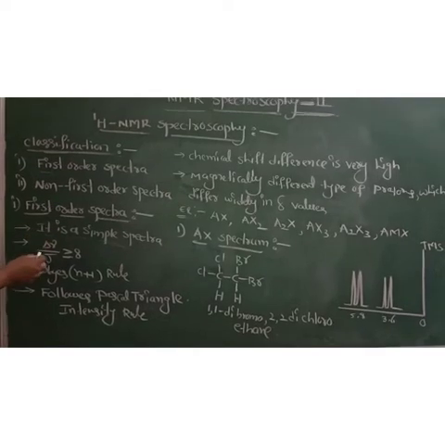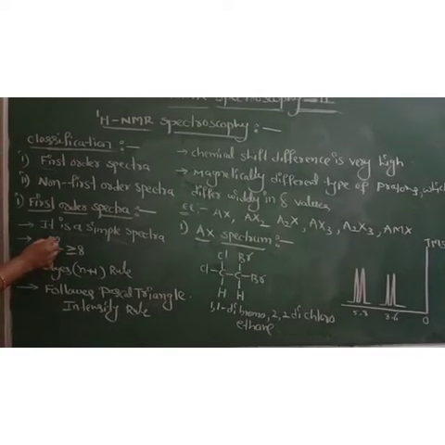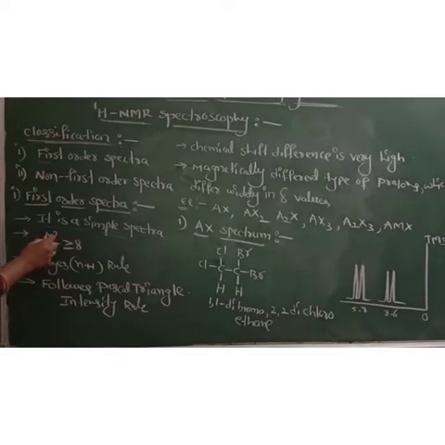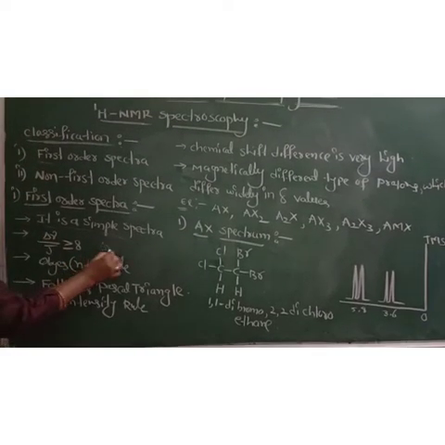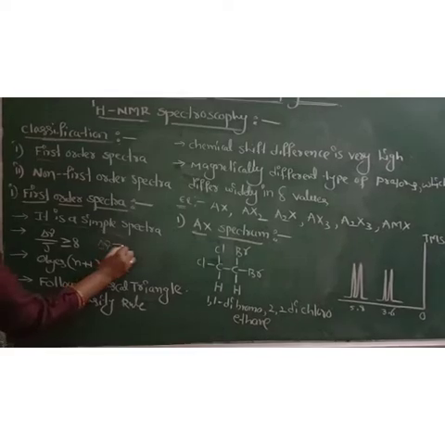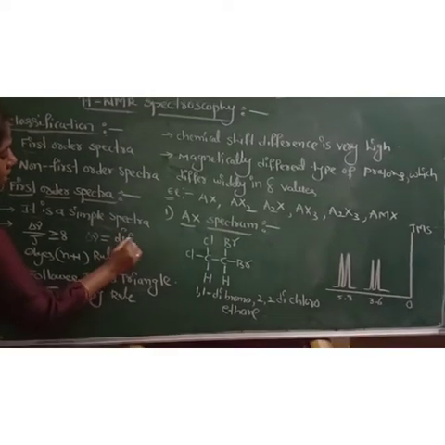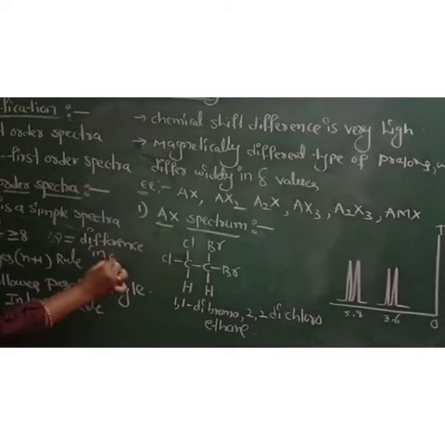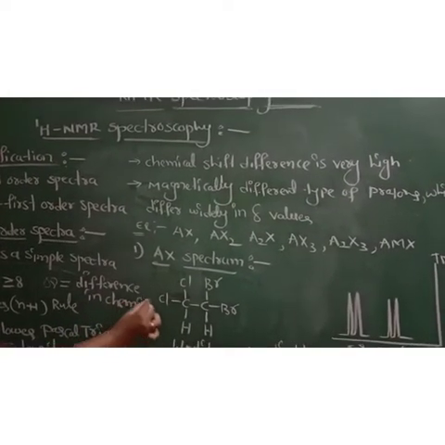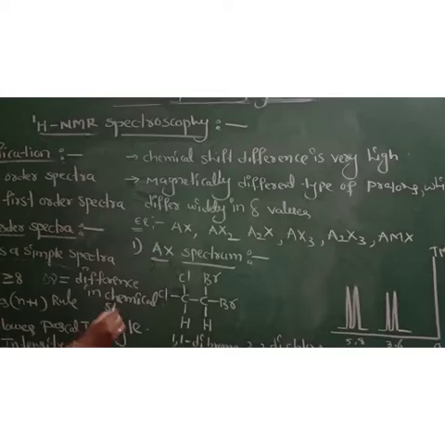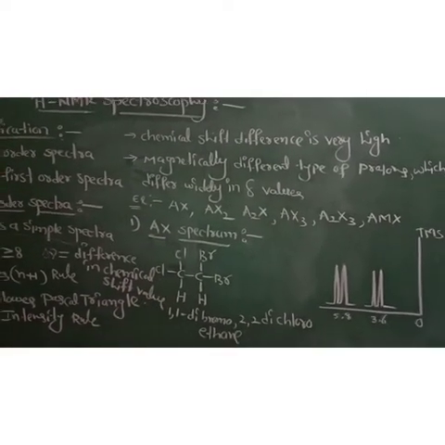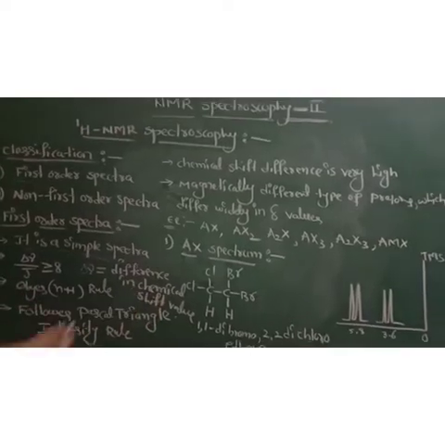in the first order spectra, delta nu by J is greater than 8. Here delta nu is the difference in chemical shift value, or chemical shift position also.